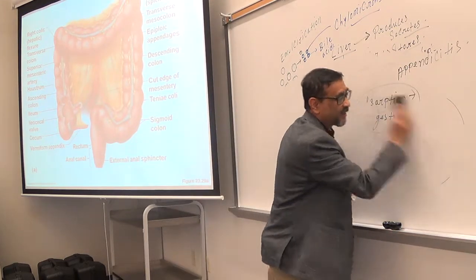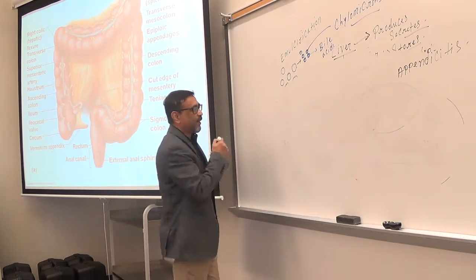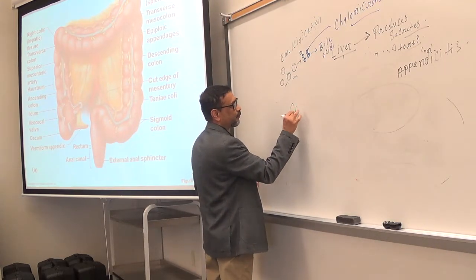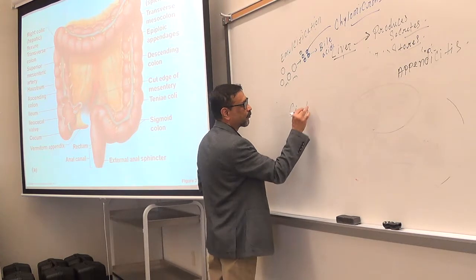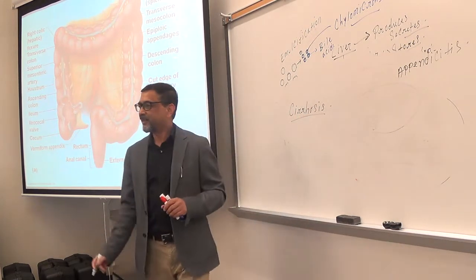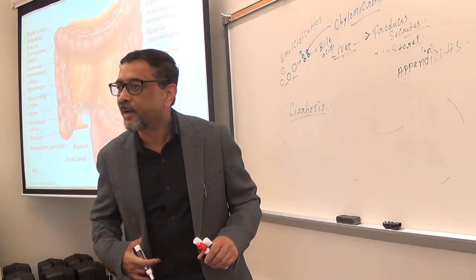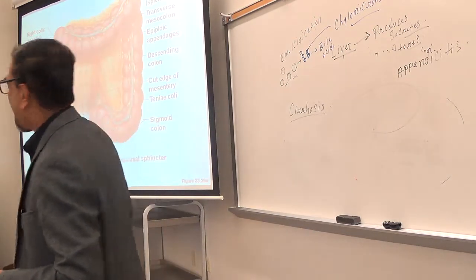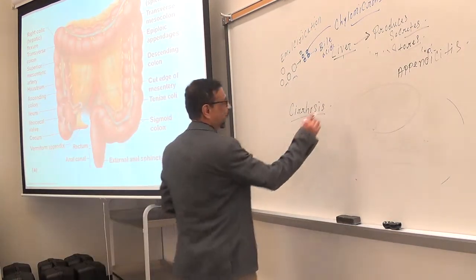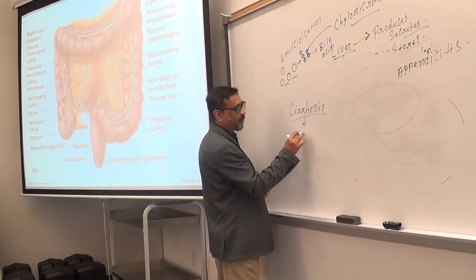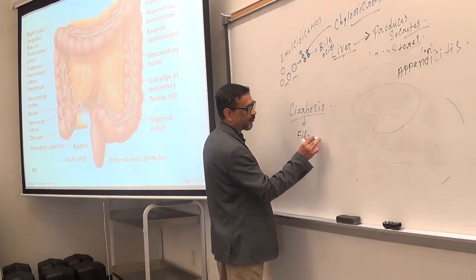Just a couple more conditions. Have you heard this? Cirrhosis happens in which organ? Liver cirrhosis, right? So what happens in the liver tissue? The liver tissue becomes fibrous, hard.